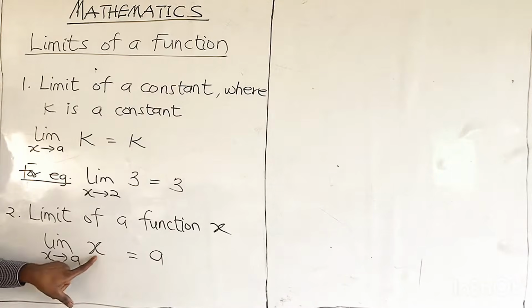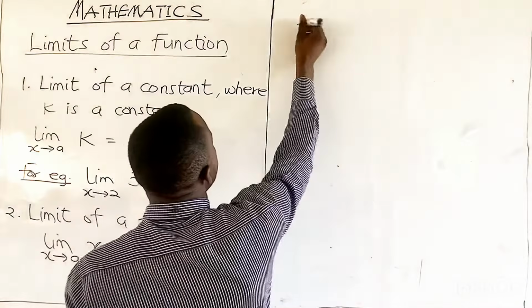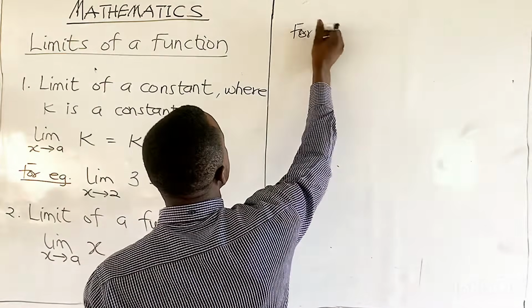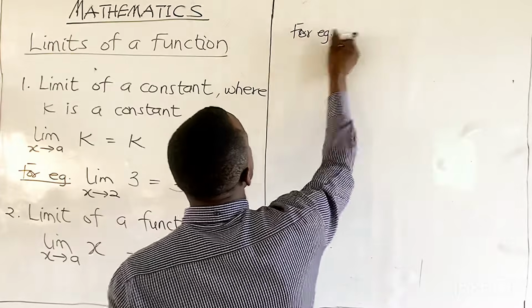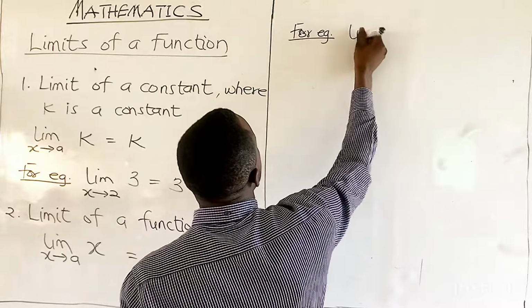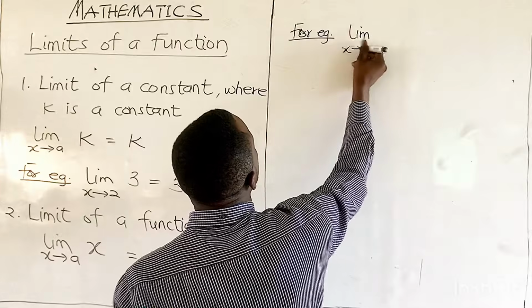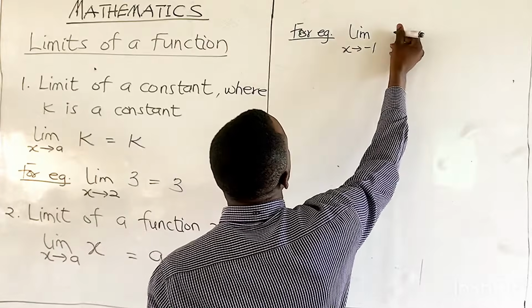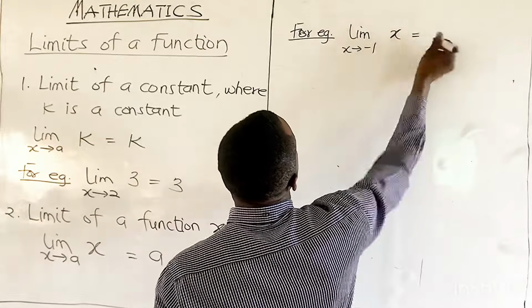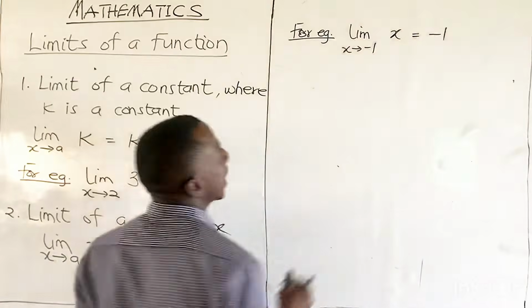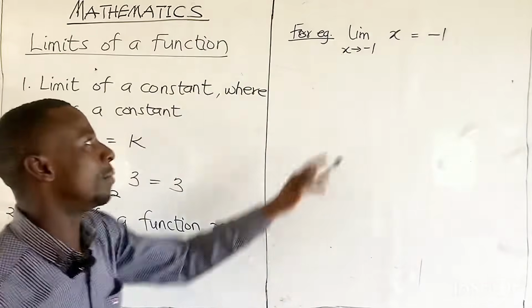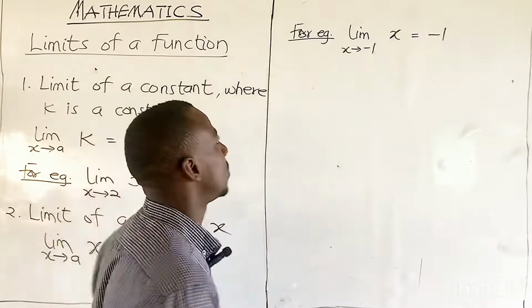So when I put a here, I still get a. For example, we have limit as x approaches -1 of x. Then when I put -1 here, I still get -1 because the value of x is -1.